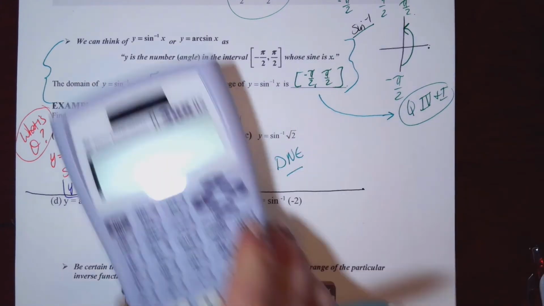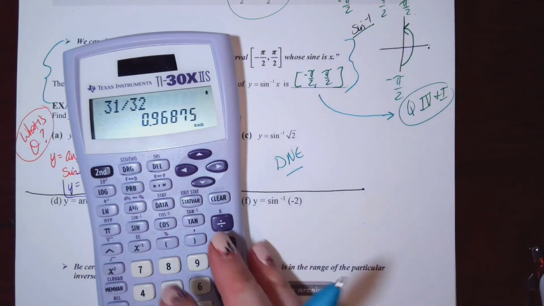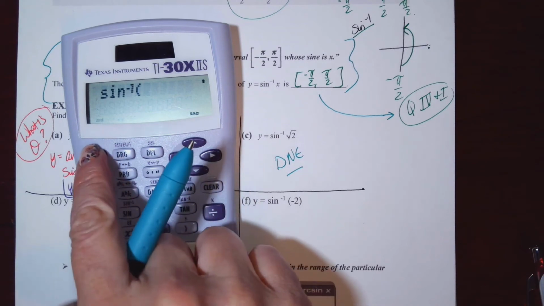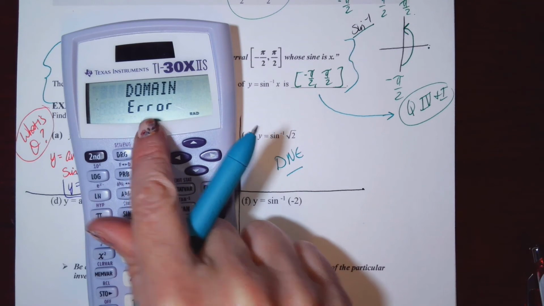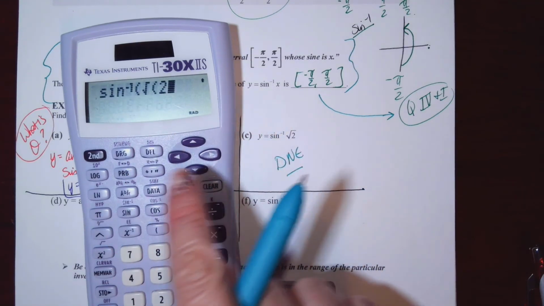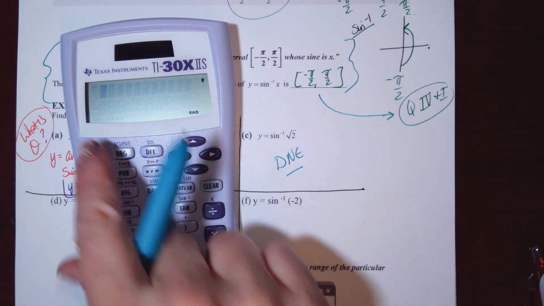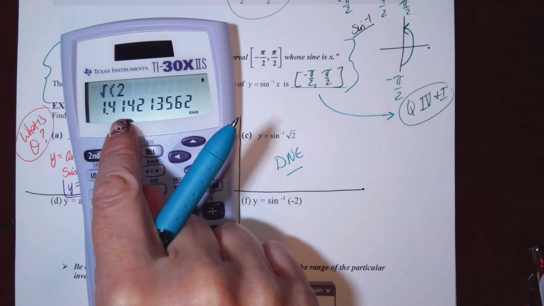If I tried to use my calculator for that, whether I had it in degrees or radians, it wouldn't matter. If I do sine inverse of square root 2, it tells me there's a domain error because that value, square root 2, lies outside the domain of my inverse function.